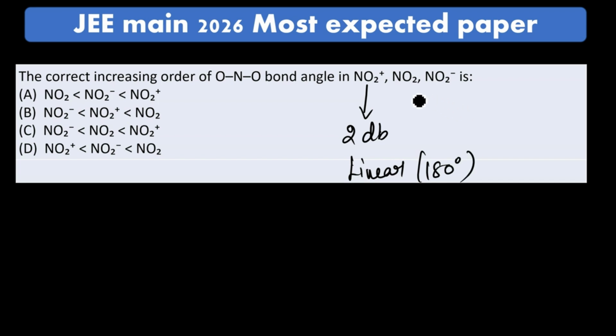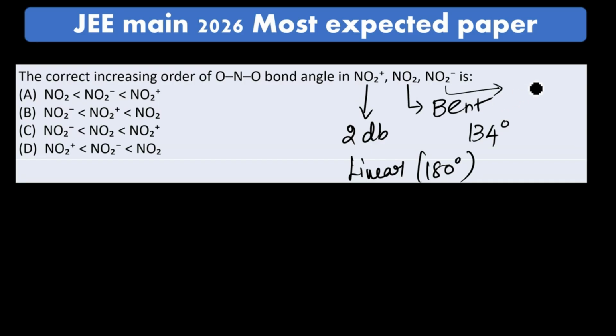sp hybridization. What about NO2? NO2 will have one unpaired electron, and the geometry is bent, and because of the unpaired electron the angle becomes 134 degrees. sp2, bent.